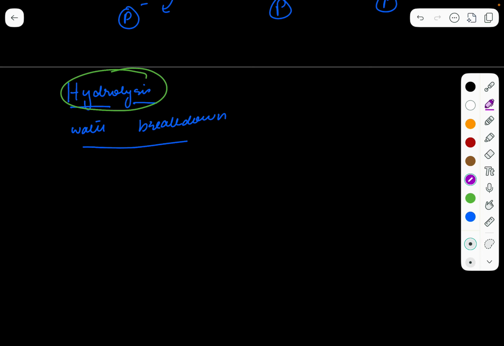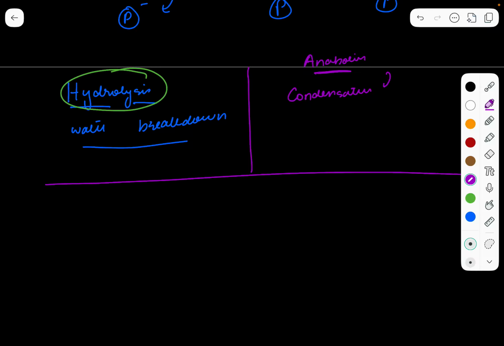To understand hydrolysis, let's first look at the opposite of hydrolysis, which is condensation reaction, the reaction that is happening in anabolism, where you're making a large unit from smaller units. Now, how does condensation reaction take place? Okay, ladies and gents, it's very easy.